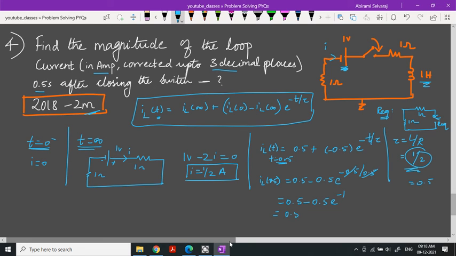So 0.5 minus 0.1839 gives 0.31606 amperes. According to the question, correct up to 3 decimal places, so it is 0.316 amperes. This is the current flowing in the circuit 0.5 seconds after the switch is closed.